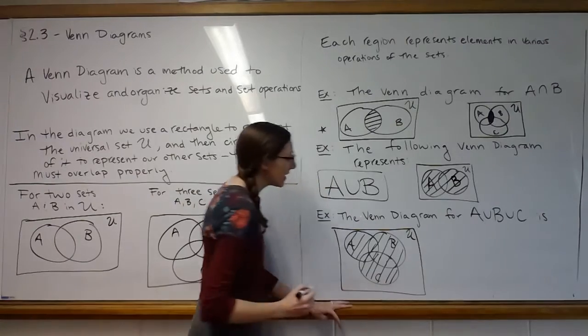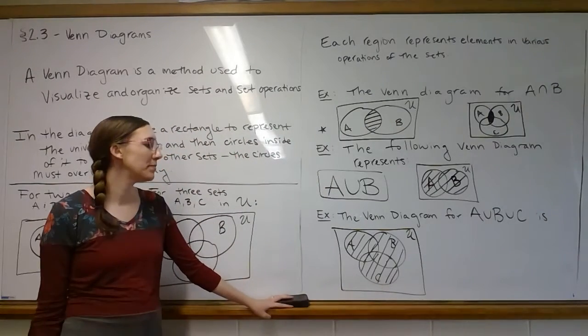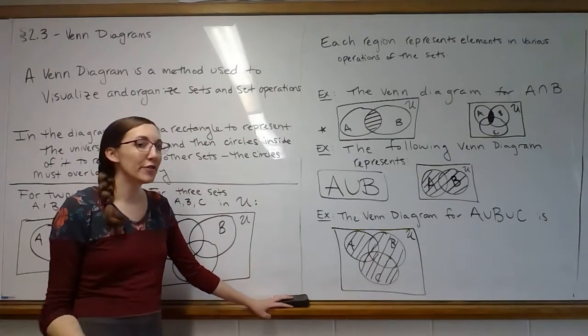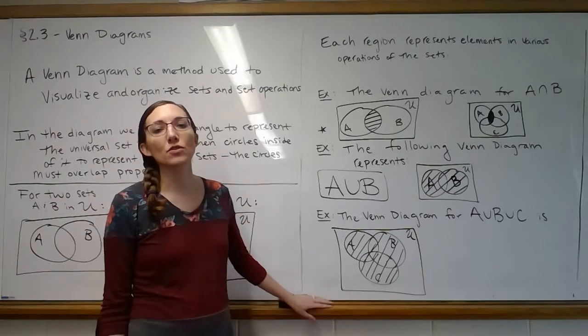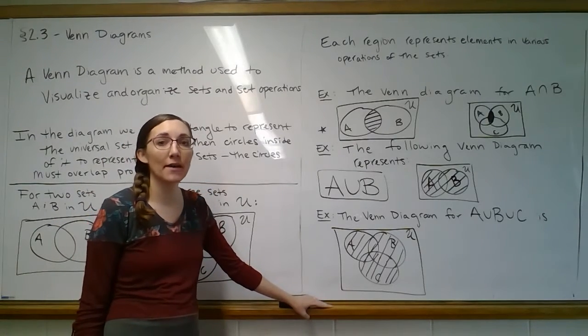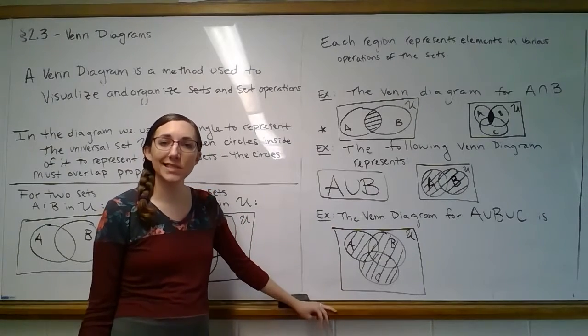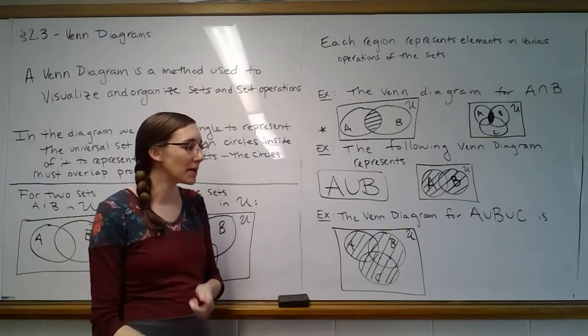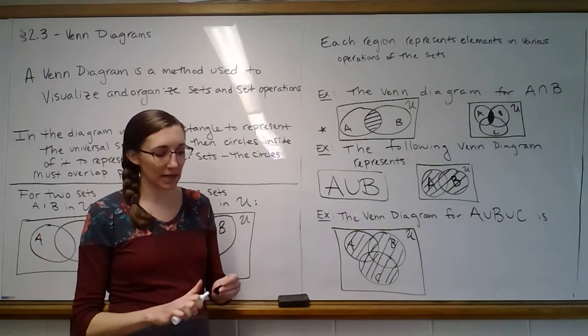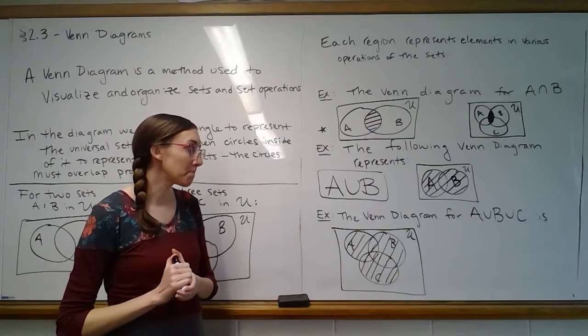So essentially, in this picture for A union B union C, everything in all three of the circles is shaded. The only thing that's left unshaded is the box, which would still represent particular elements, but they are not included in A union B union C.